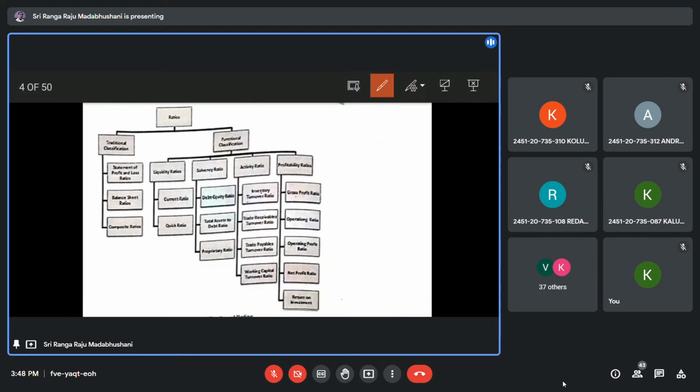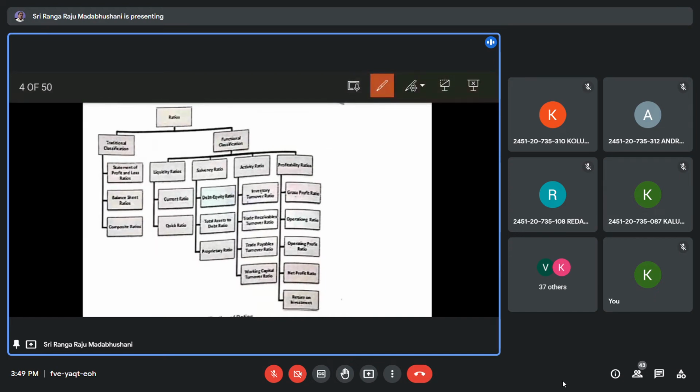Again, the trade creditors: whenever we purchased goods on credit, he became a creditor, and only then do we call him a trade creditor. The other dues are other than trade creditors. In the question, if trade creditors and other than trade creditors are given, we will consider only trade creditors for the creditors turnover ratio. If nothing is given, we will treat all as trade creditors.